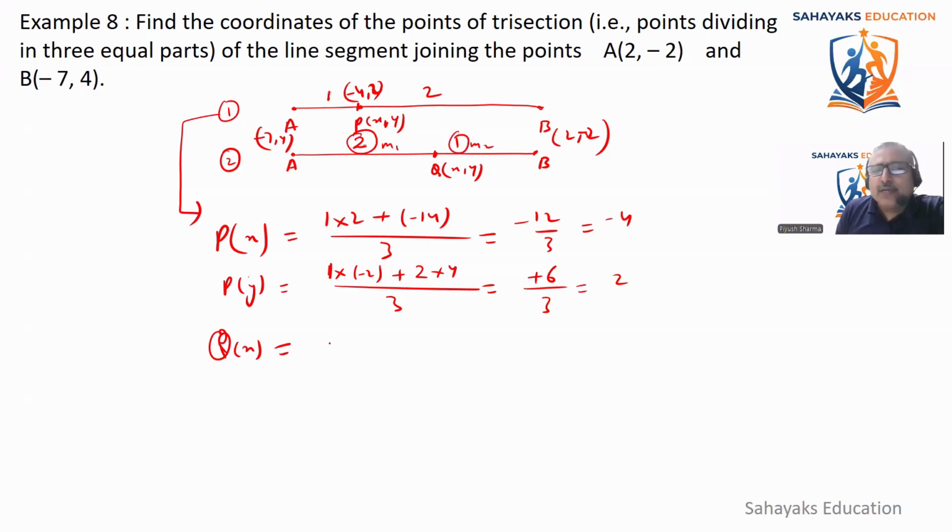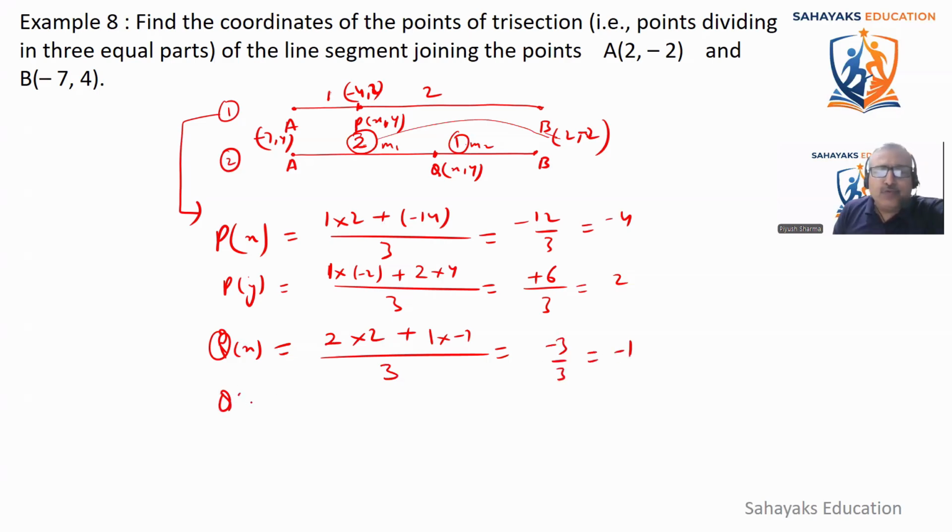So I'll say 2 into X1, 2 into 2 plus 1 into minus 7, divided by M1 plus M2, that is 3. It comes out to be 4 minus 7 is minus 3 divided by 3. It comes out to be minus 1.